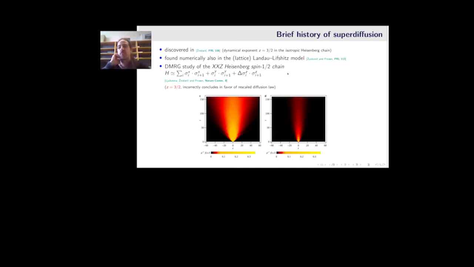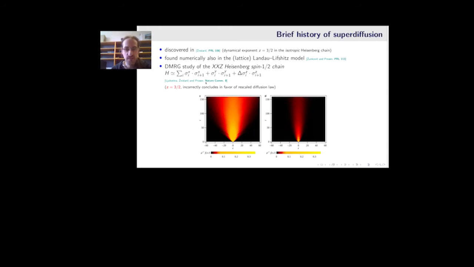And then for some number of years, there was not really any interest in this problem until a few years back when they revisited the problem with state-of-the-art DMRG. And they found, again, a much better and clearer signature of this anomalous transport law with exponent 3 over 2.